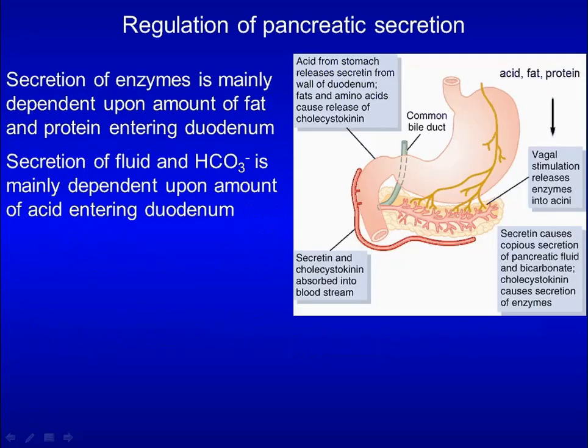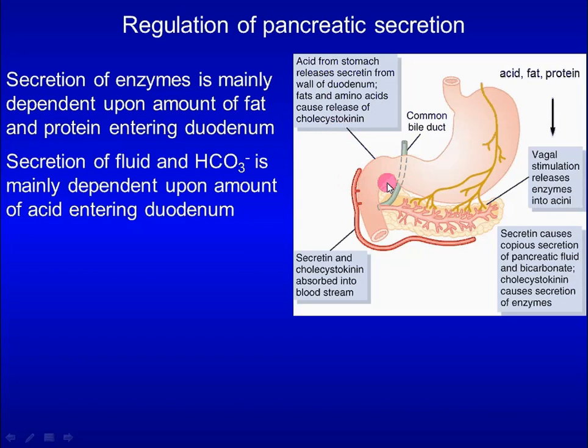3 signals control pancreatic secretion. Presence of acid in duodenum triggers release of secretin. Secretin increases bicarbonate secretion. Presence of fatty acids and amino acids in duodenum triggers release of CCK.